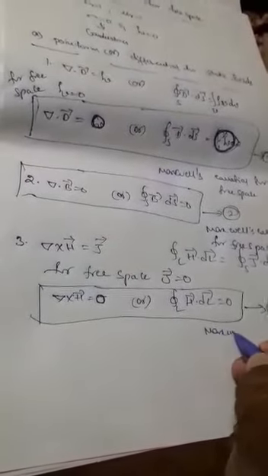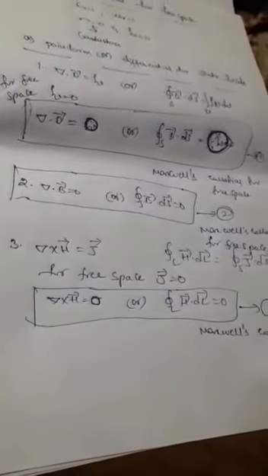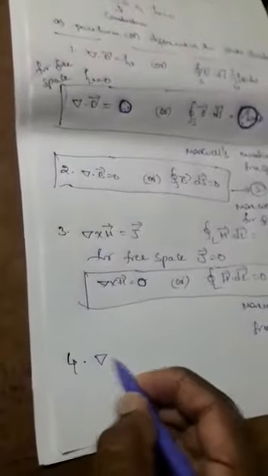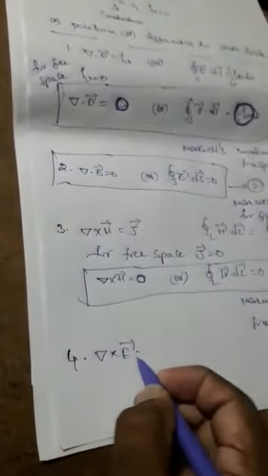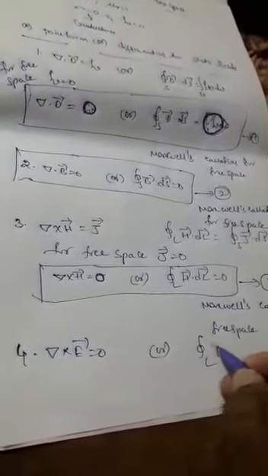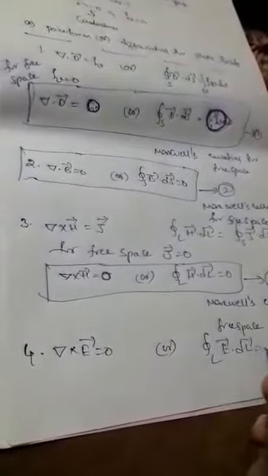Maxwell's equations for free space. And one more thing is that curl of E bar is equal to 0 in differential form or point form, and in integral form closed line integral of E bar dot dl bar is equal to 0.